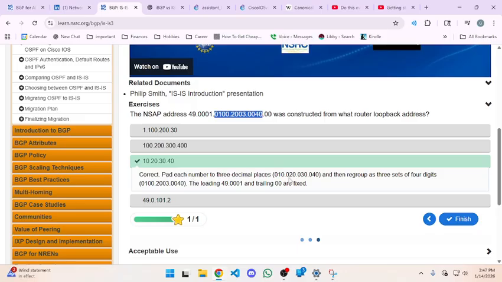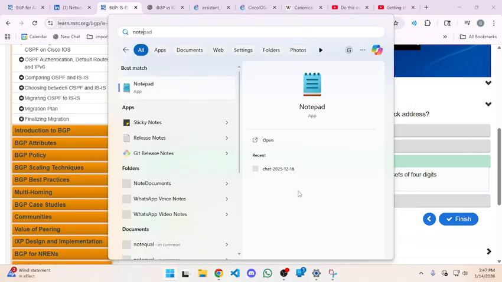Okay, so you pad it out. Oh, okay. So it works by padding out each octet with a leading zero, dropping the dot, and then regrouping into groups of four. So let's go over that in Notepad.